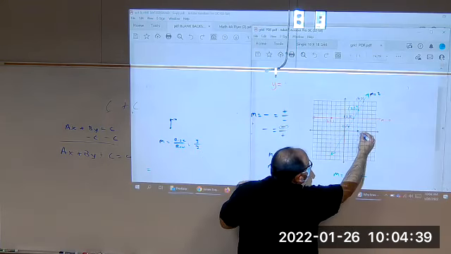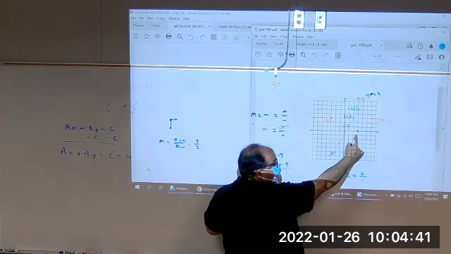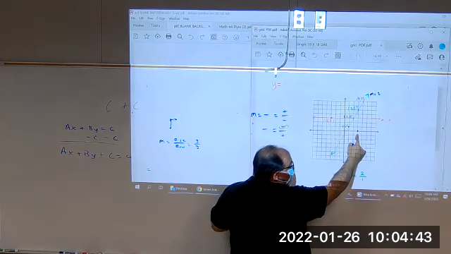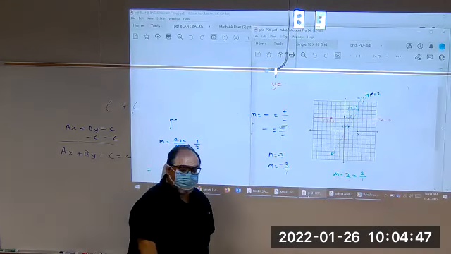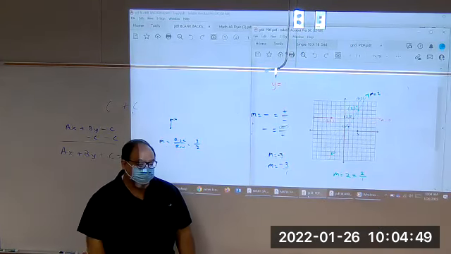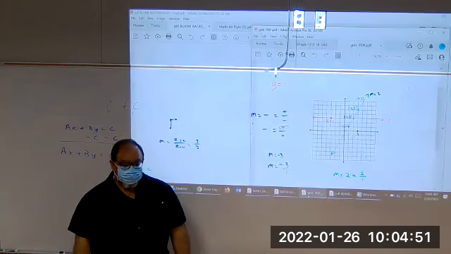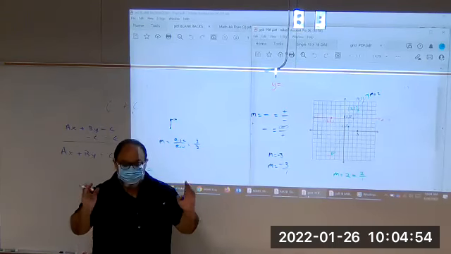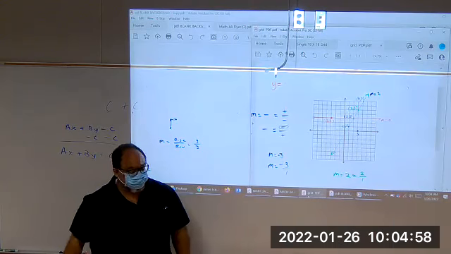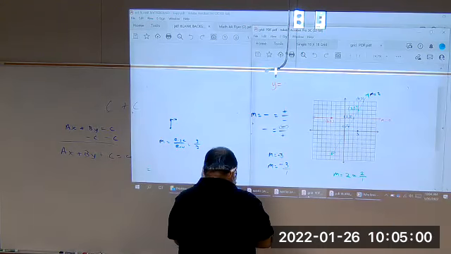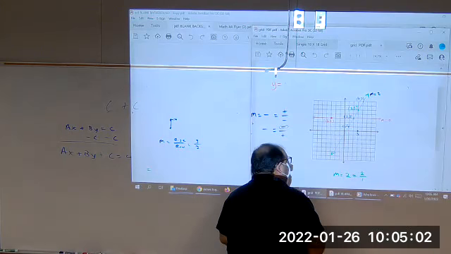Down 3 over 1, and if you look at it, it's on the x-axis. When you're on the x-axis, you can just label it like it was a number line. You use one number. You don't need an ordered pair. If you do use an ordered pair, make sure you put 3, 0, not 0, 3. Don't get them mixed up. Draw that line, don't use arrows.